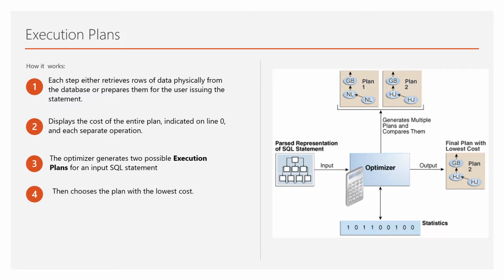An execution plan displays the cost of the entire plan, indicated on line 0, and each separate operation. The cost is an internal unit that the execution plan only displays to allow for plan comparisons. Thus, you cannot tune or change the cost value.